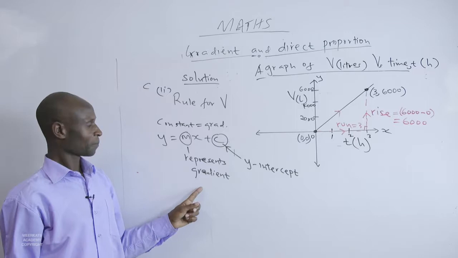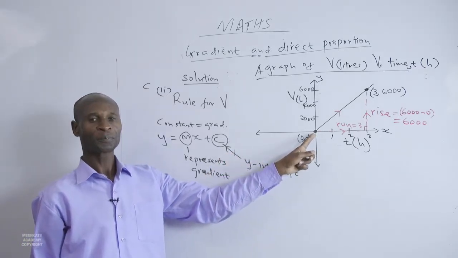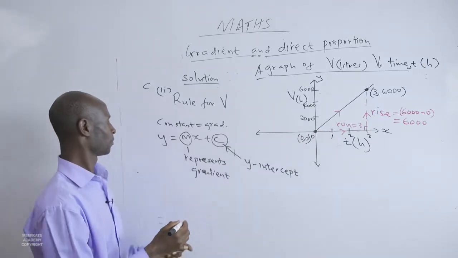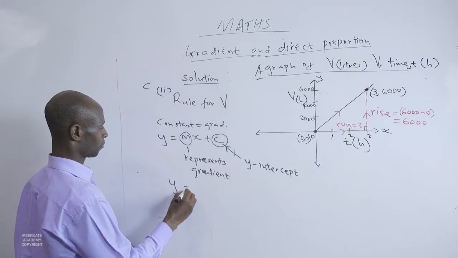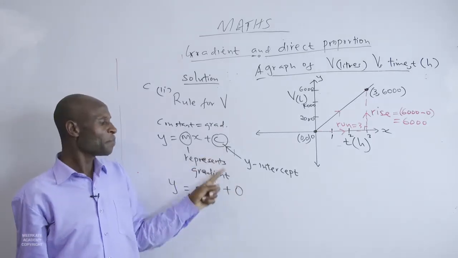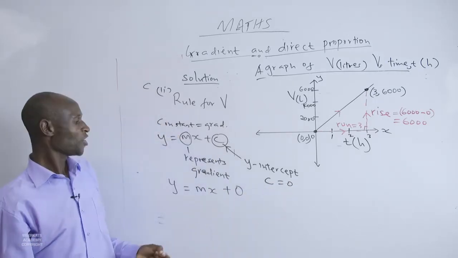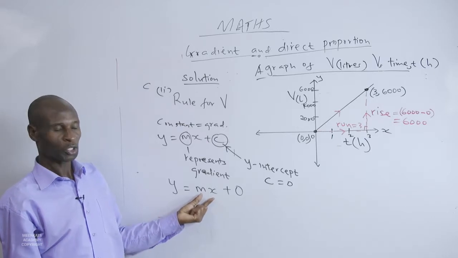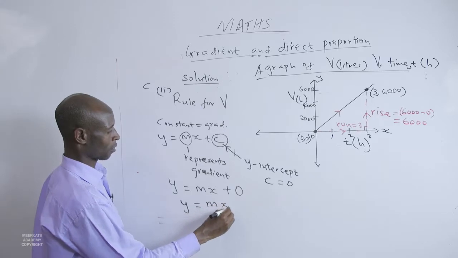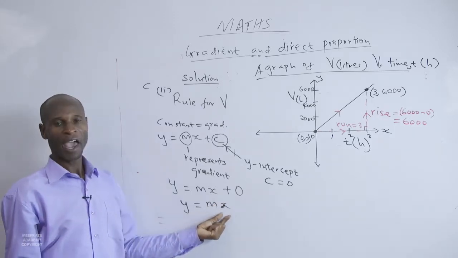So if the graph is passing through the origin, the y-intercept is 0. So the c part is not there. And therefore, our equation becomes y = mx.